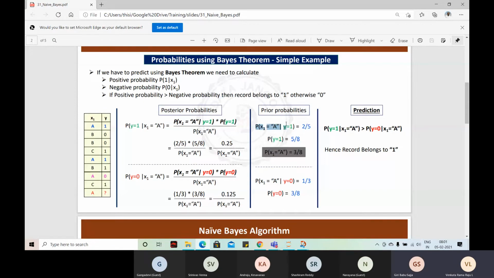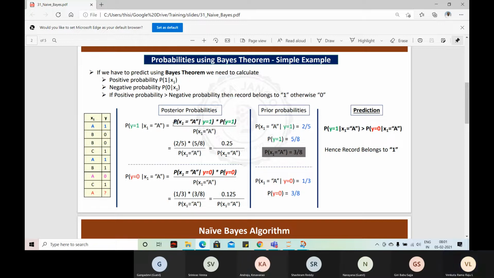Sorry, I am confused and I am confusing you. If you look at this, probability of 1 given A we are trying to calculate using the naive Bayes algorithm. Here probability of 1 given A cannot be directly calculated, so we are using the naive Bayes algorithm. In that we are using a conditional probability. Probability of A given 1 we are calculating.